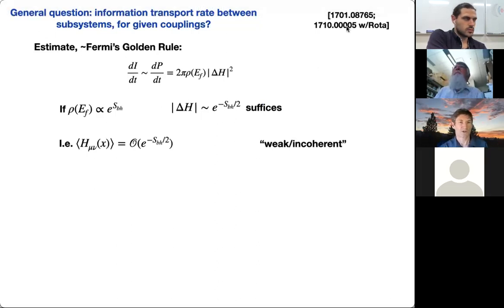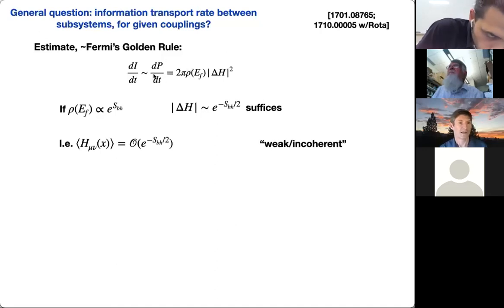There's a conjecture that we've made about those rates with certain assumptions, but a simple way of explaining an estimate of the rate is that if you have two subsystems with a coupling, you can think of the information transfer rate as closely tied to the rate at which one subsystem decays by creating an excitation in the other.